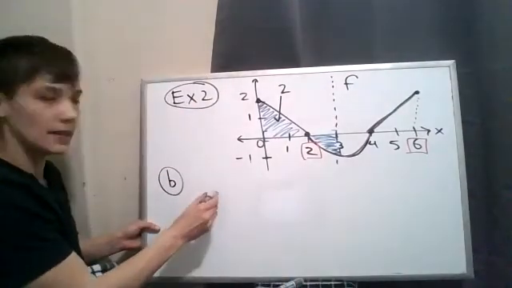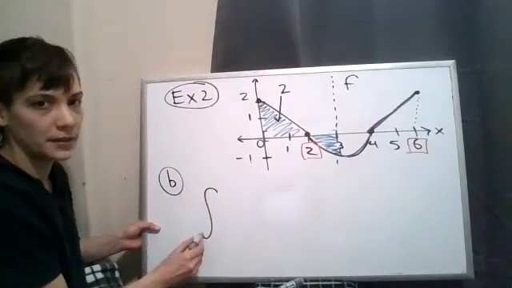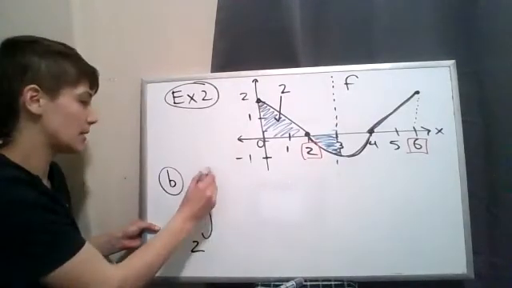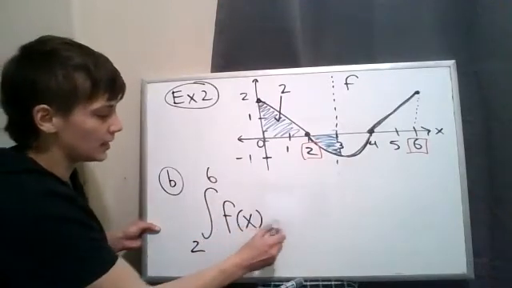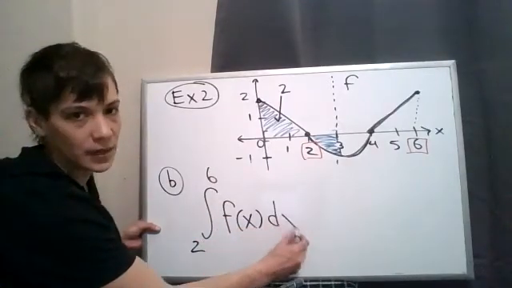So this is the integral from x equals 2 up to x equals 6 for your function f of x, and then the dx means integrate with respect to x.